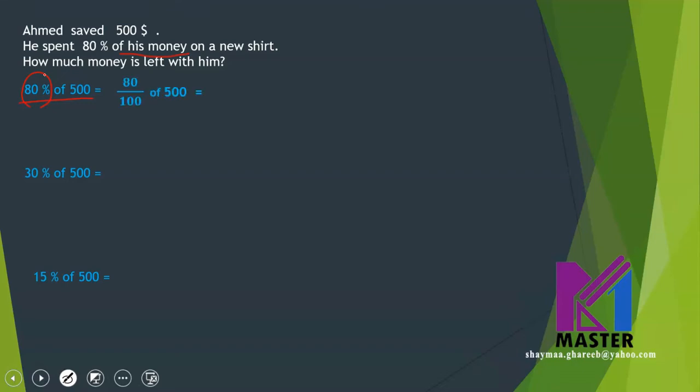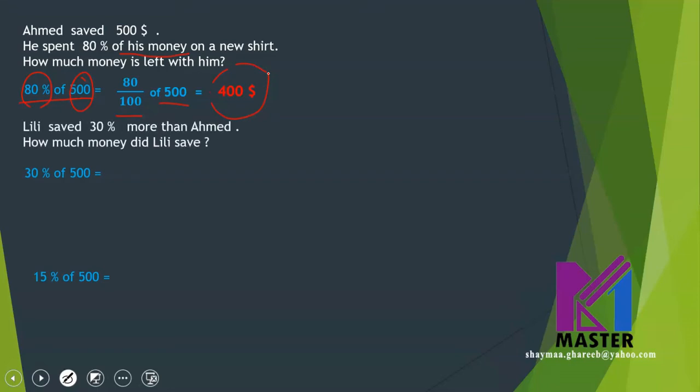So I will use the 80 over 100 because I have a multiple of 100. So 500 divided by 100 equals 5. 5 times 80 equals $400. Then he spent $400 on the new shirt. Okay?